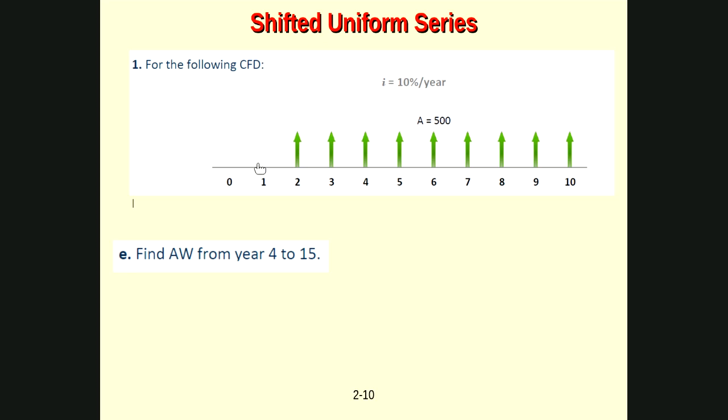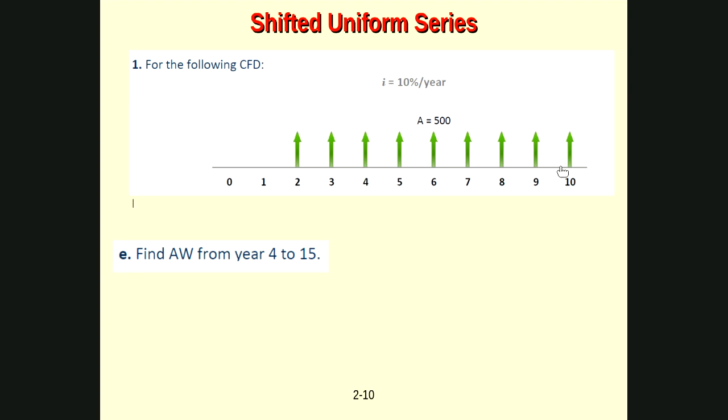Because when we convert to 1, we are converting using the present, and remember the rules that I showed at the beginning of this class and the last class: when you deal with the present given annual, you have to go a year ahead. That's why we need to go to year 1. But when we deal with the future from annual, we don't need to go a year further, and we stop at the last year, which here in this case is year 10.